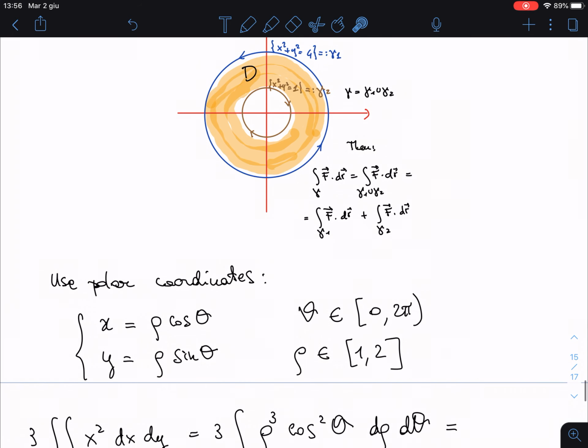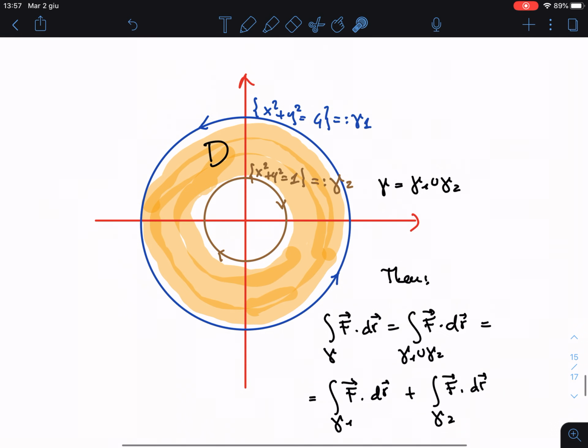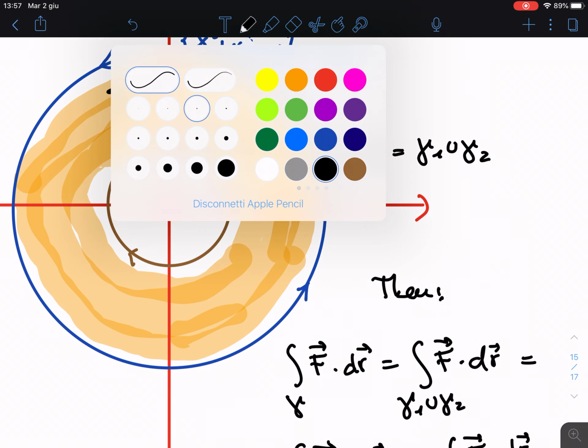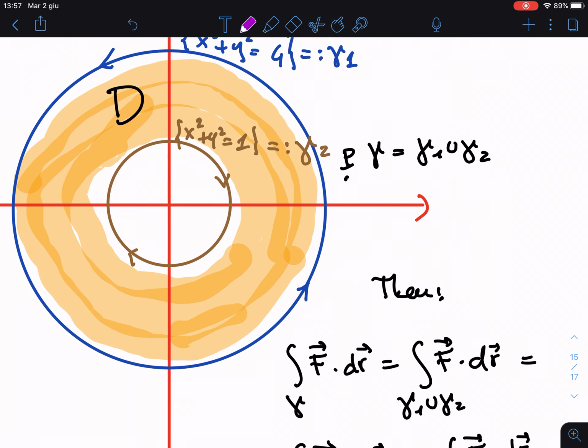I recall that the polar coordinates are a couple rho, theta, such that when you have a point P, let me put the point P here, for instance.